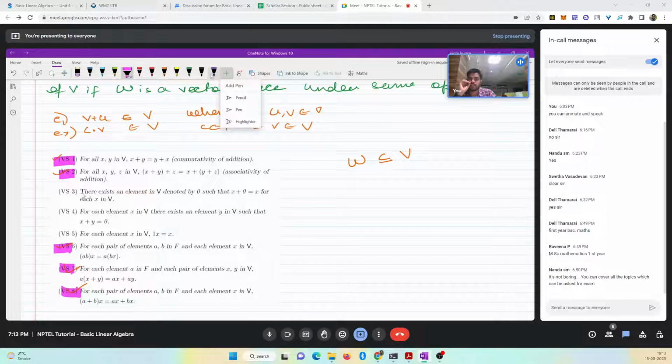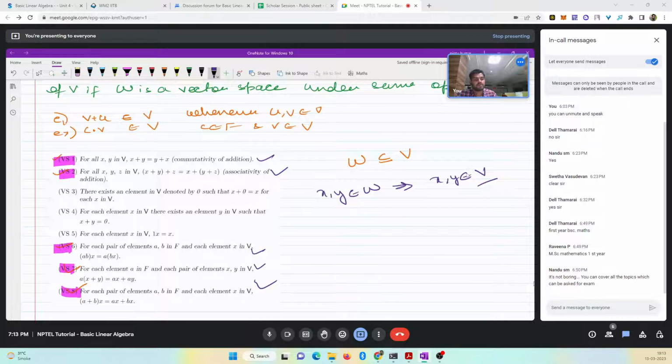Now, see what I'm saying. Let's say my X and Y belong to W. What does this mean? That my X and Y already belong to V, and V is satisfying all these properties.